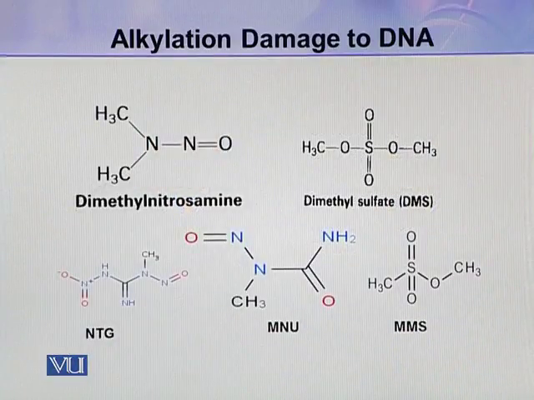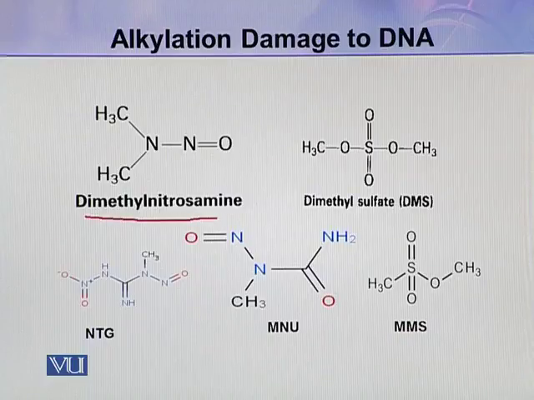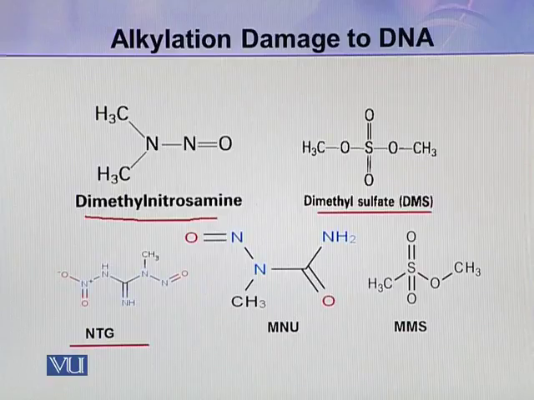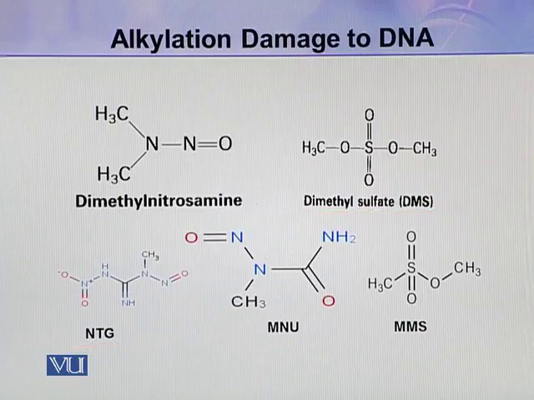Here are some examples of such chemicals, and they include dimethyl nitrosamine, dimethyl sulfate, which is called DMS, and NTG, N-nitrosoguanine, and MNU, N-methyl, N-nitrosourea, and MMS, dimethyl methane sulfonate. So these are some naturally occurring or synthetic compounds which cause alkylation damage to the DNA.